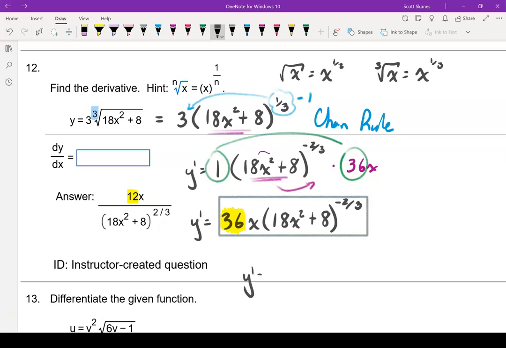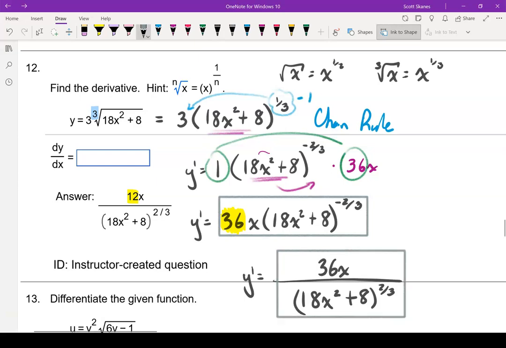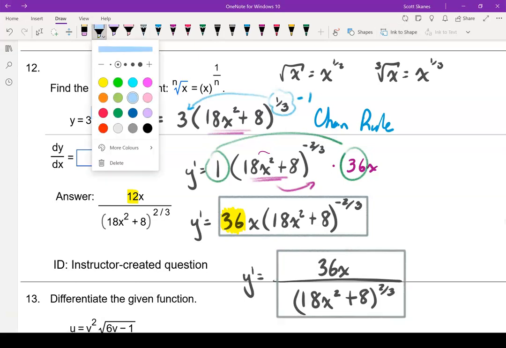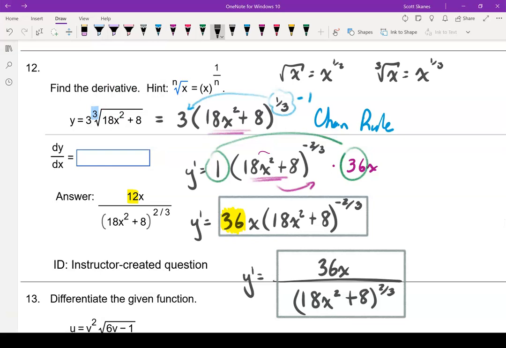Even if I rewrite this, for all I can see, I feel like it would be this. And both of these are fine. If you find the mistake, could you please email me and let me know? Just on the test, just do it to the best of your ability. I've looked at it for about 5 minutes now. So if you find it, let me know, but I don't think there's a mistake there.